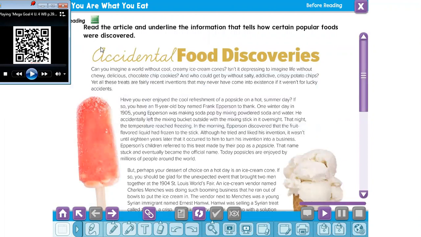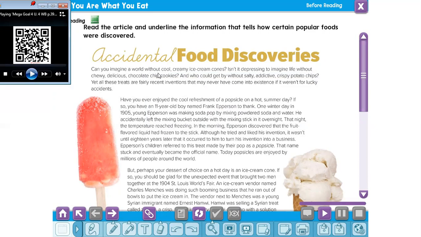It wants us to read this article and underline the information that tells how certain popular foods were discovered. So, my dear students, I want you to participate with me and read this text to get the information we need.